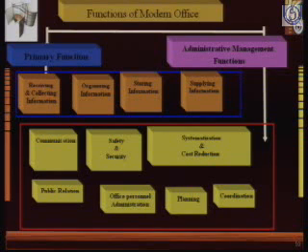Organizing information means, for example, when your next bill is going to be due. Then storing information: when you have given the payment electronically, we have stored the information.